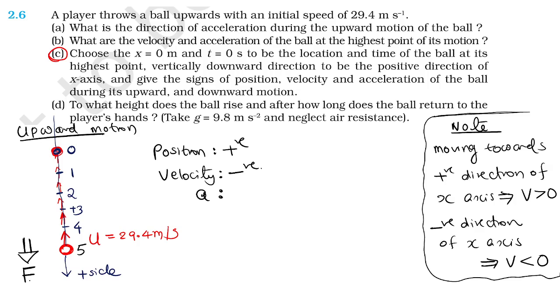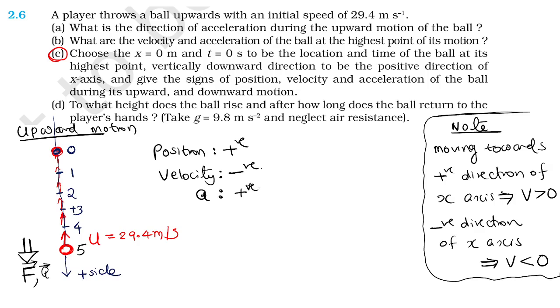Earth attracts the body downward, so force and acceleration both have the same direction. The body going upward is okay, but the force is towards the positive direction of the x-axis, or acceleration is towards the positive direction of the x-axis. So acceleration is positive.